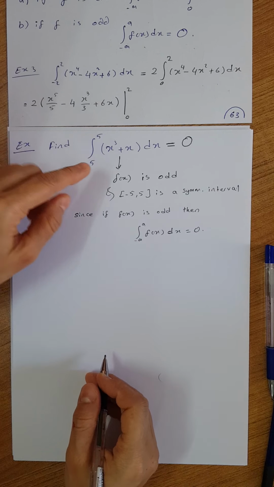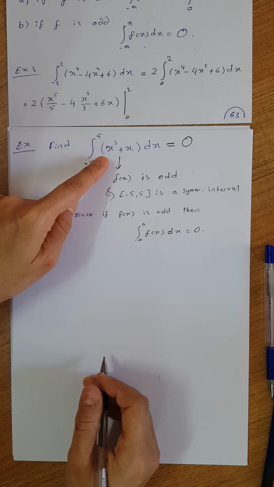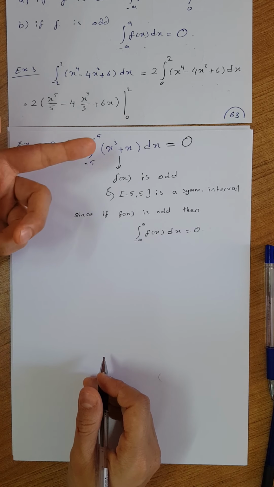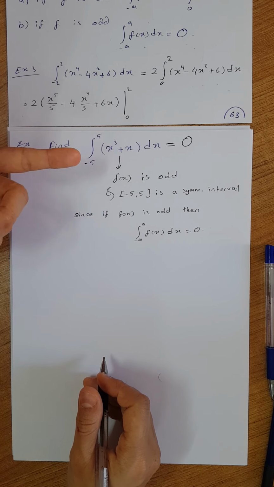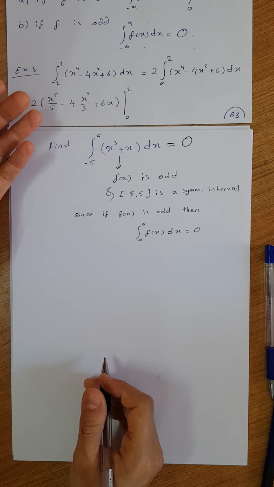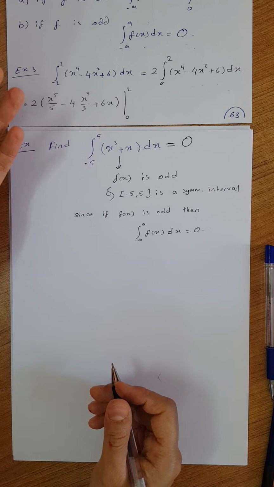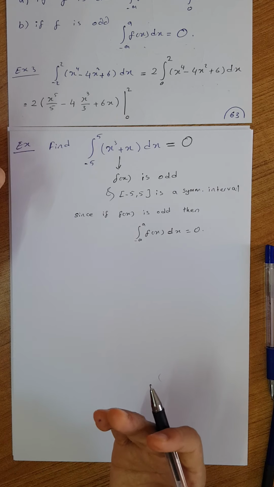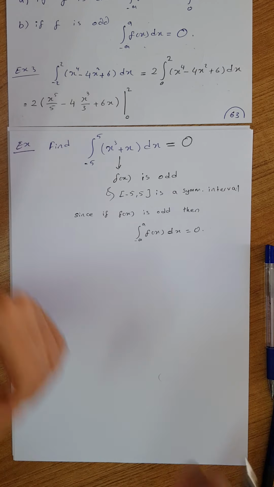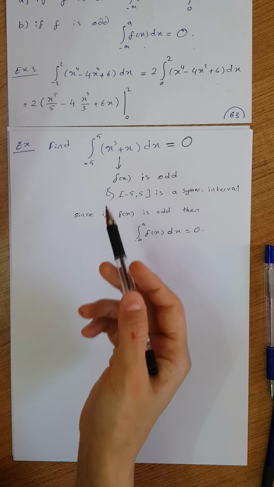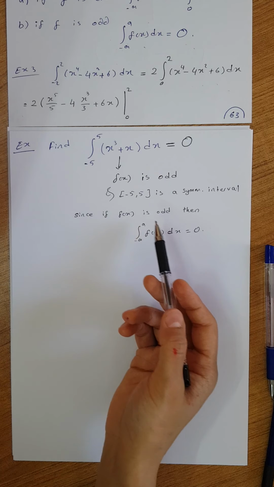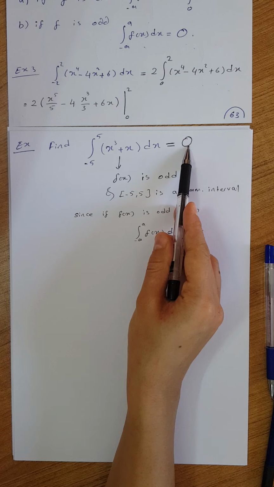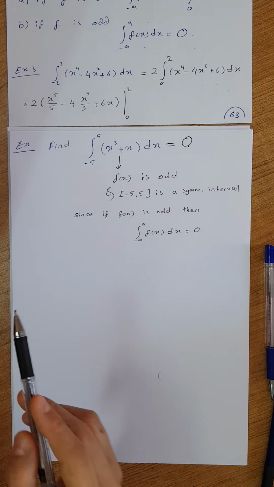So you do not need to solve this one as x to the power of 4 over 4 plus x squared over 2, and then inputting 5 inside it, inputting -5 inside it. If you do those steps, it takes lots of your time, and you may make mistakes while solving it. But if you know this property of odd functions and symmetric intervals, you can directly say that this integration is equal to 0 because of that reason.